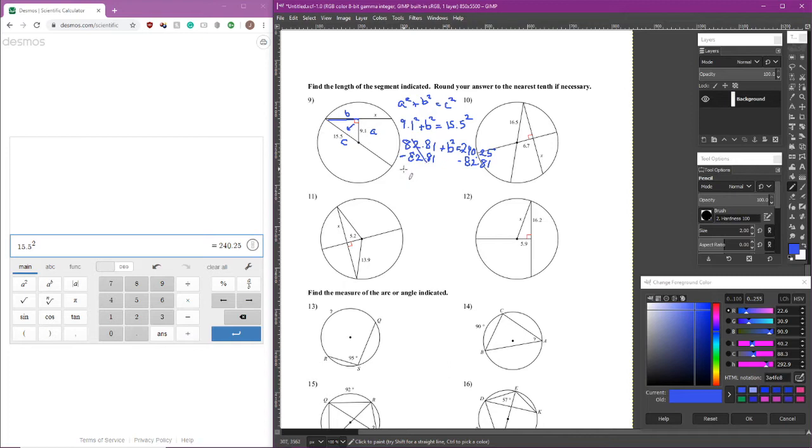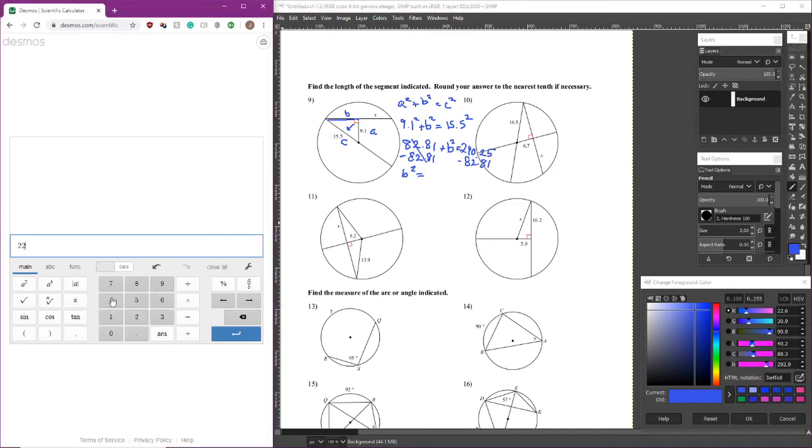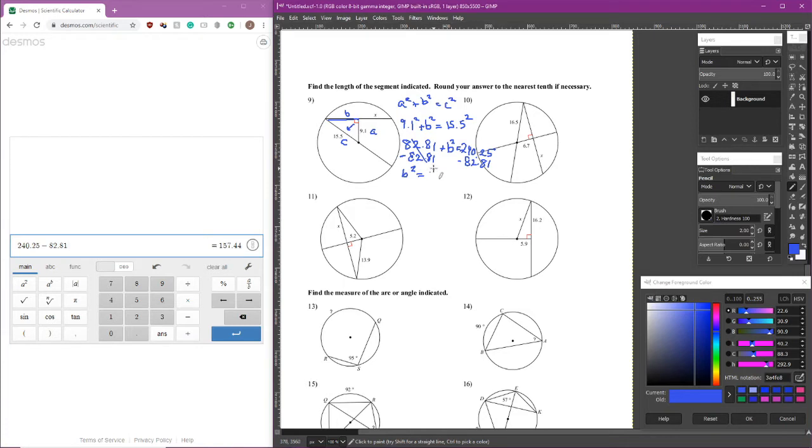And so those cancel out, and that leaves b squared all alone on this left-hand side, and we can use our calculator. 240.25 take away 82.81. Okay, so that's 157.44.